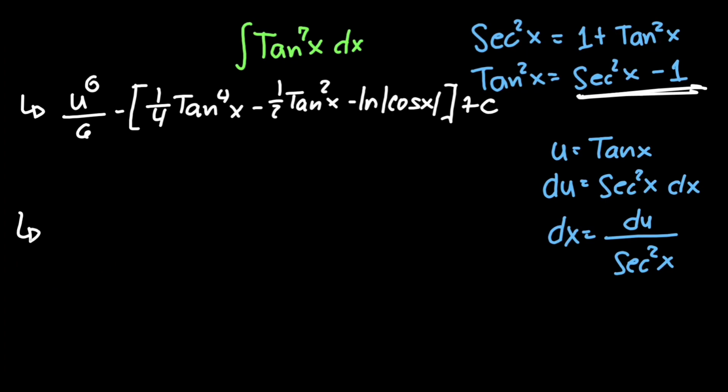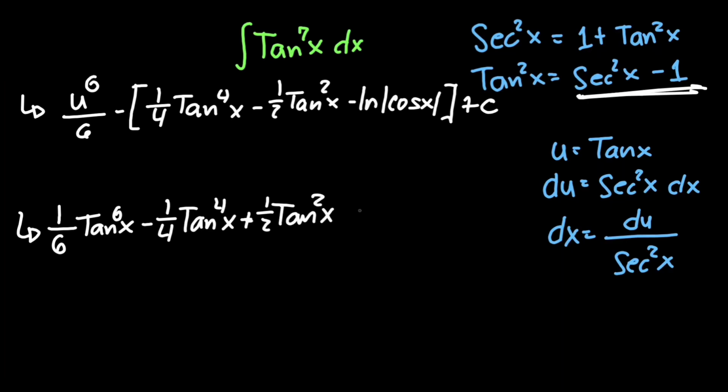And so, put u back into its original form. So this would be 1 over 6, u here is tangent to the power 6 of x, and distribute the negative sign amongst the bracket: minus 1/4 tangent to the power 4 of x plus 1/2 tangent squared of x plus the natural log of the absolute value of cosine of x plus the constant of integration.